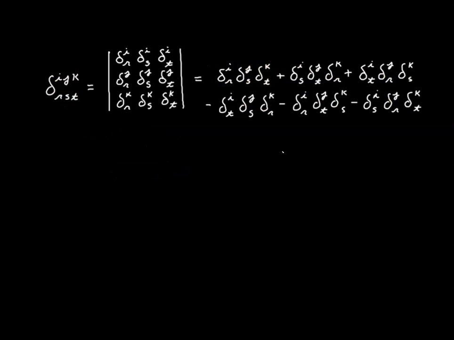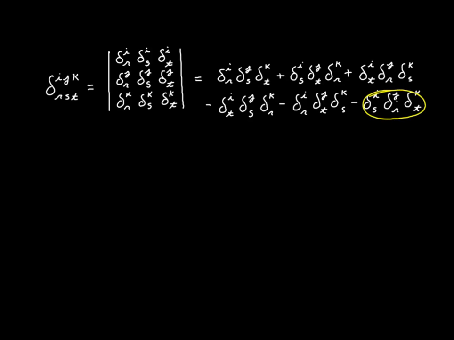Well, let's take another example. Let's say i, j, and k are 1, 2, and 3, and r, s, and t are 2, 1, and 3. Well, in this case, i is equal to s, j is equal to r. So that would be this term.